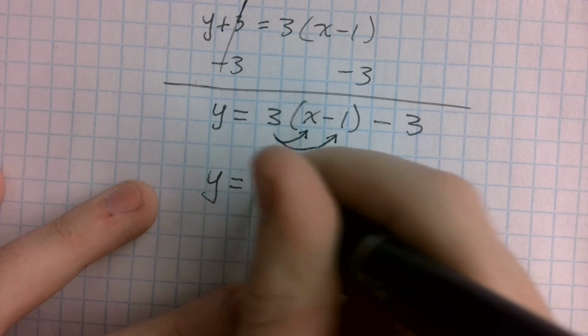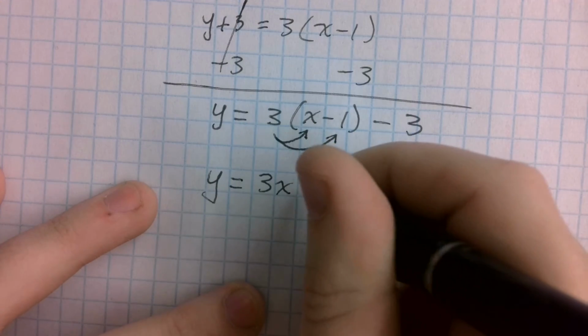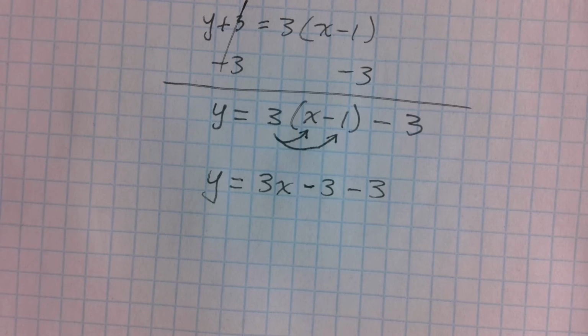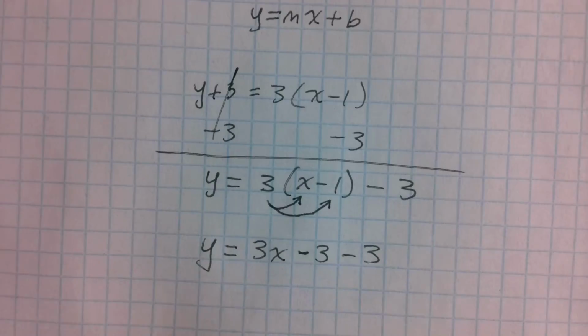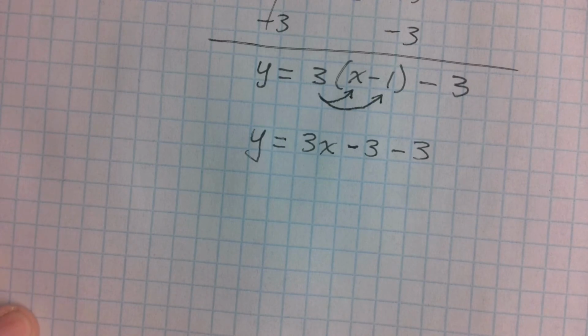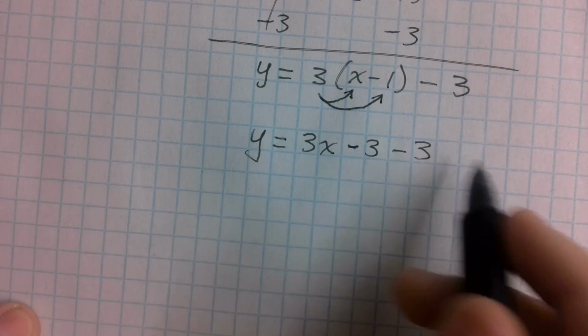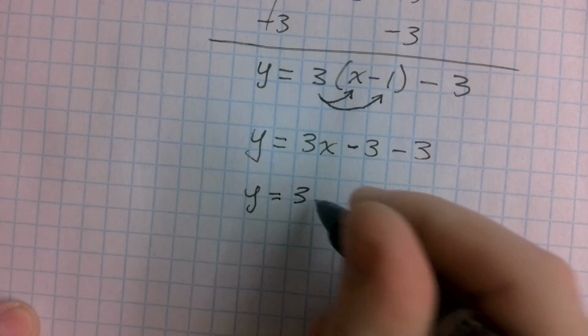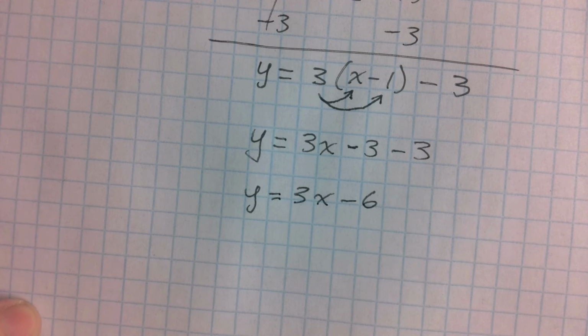So 3 times x is 3x. 3 times negative 1 is negative 3. And we have our minus 3 out here still. We're super close now. The only difference is we have 2 numbers here instead of 1. But this is an easy fix because we can combine these two. y equals 3x minus 6.